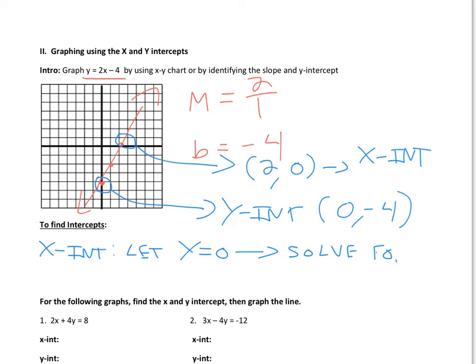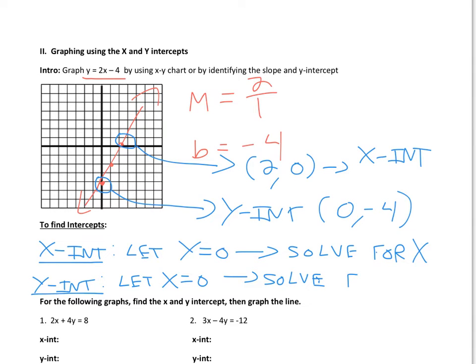Okay, sorry if my handwriting's a little sloppy there. Right, that's for the x-intercept. To find the point that intersects the y-axis, we let the opposite variable equal 0. So we're going to let x equal 0, and then we're going to solve for y.